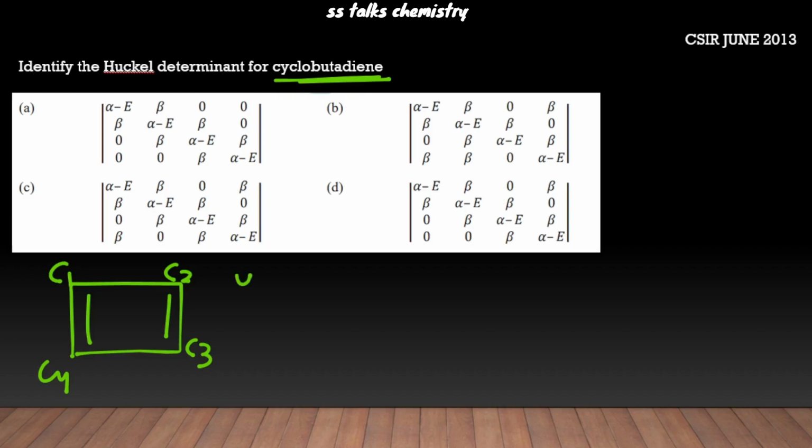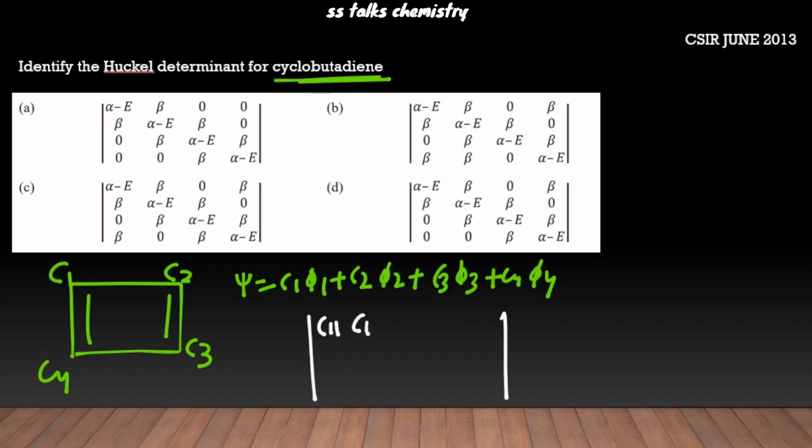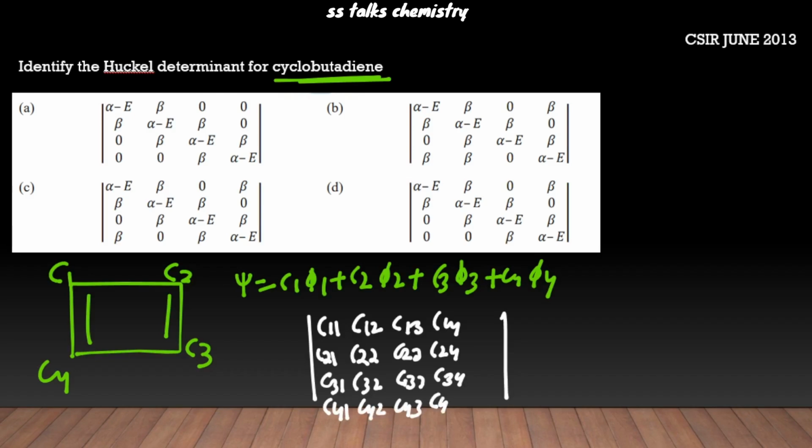So the wave function for this will be C1 psi1 plus C2 psi2 plus C3 psi3 plus C4 psi4. Now if you want to write this wave function in terms of the determinant, it will become C11, C12, C13, C14, C21, C22, C23, C24, C31, C32, C33, C34 and then C41, C42, C43, C44. This determinant is equated to 0.